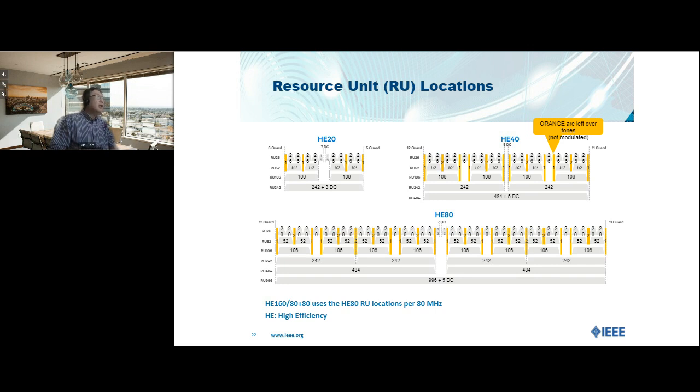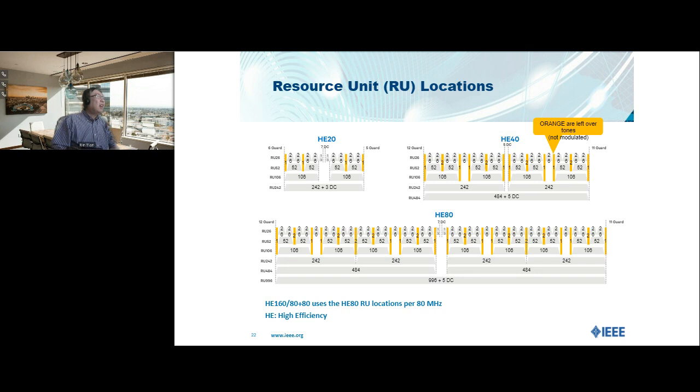If you look at the top, it shows the RU26. From the beginning, on the left-hand side there are some guard tones, which are yellow, to meet the mask requirement. After that, you have two RU26.